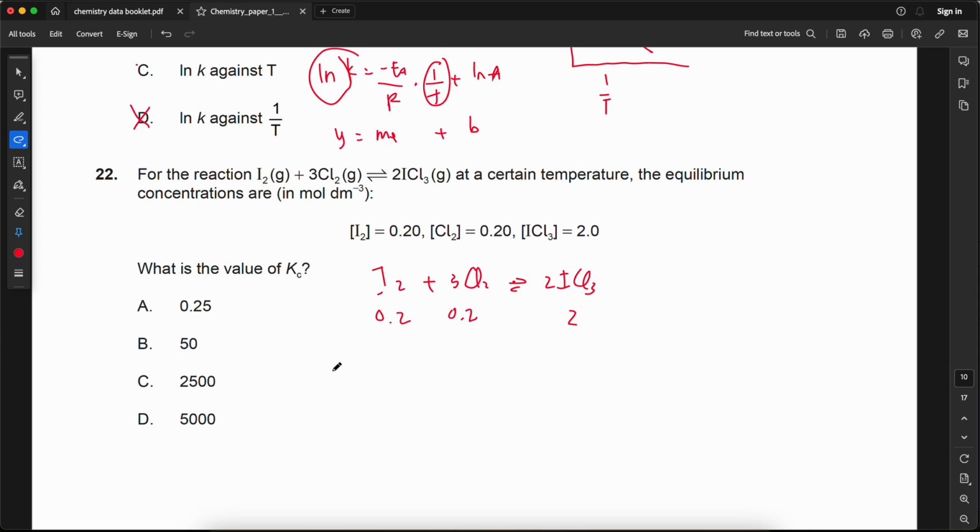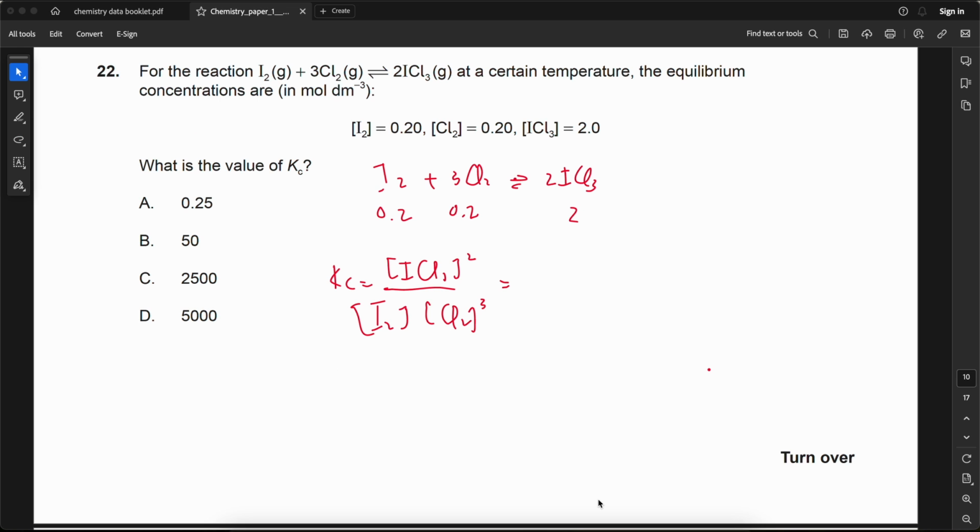The equation is Kc equals the concentration of ICl3 to the power 2 divided by the concentration of I2 and Cl2 to the power 3. Let's plug into the formula. That would be 2 to the power 2 over 0.2 times 0.2 to the power 3. That would be 4 divided by 16 times 10 to the power negative 4, which is 2,500.